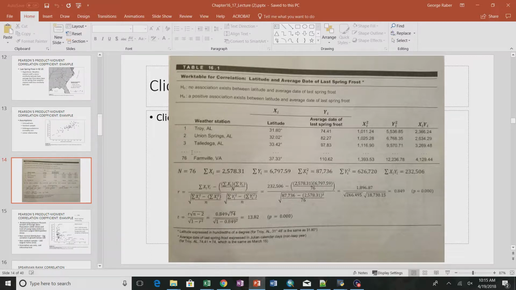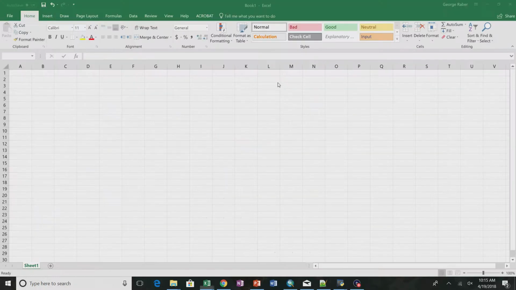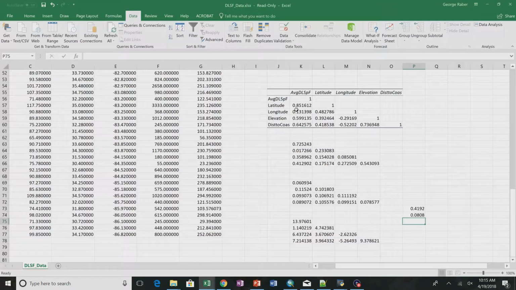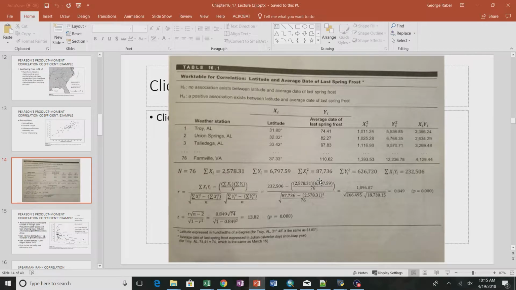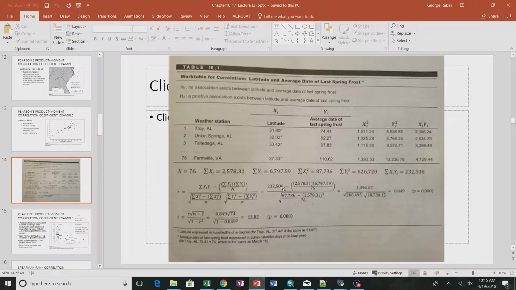There's the same value we got, so we did it right. 13.82. It was really close to that. I don't know if it's the exact same. That's the value we got, 13.97. I might have messed up on the n. What n is he using? 76. What n did I use? I used 74 minus 2, should be 76. But in any case, it's pretty close.